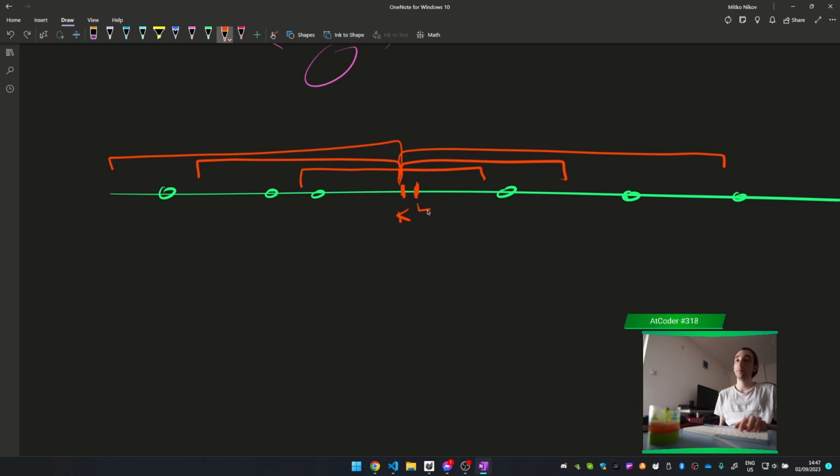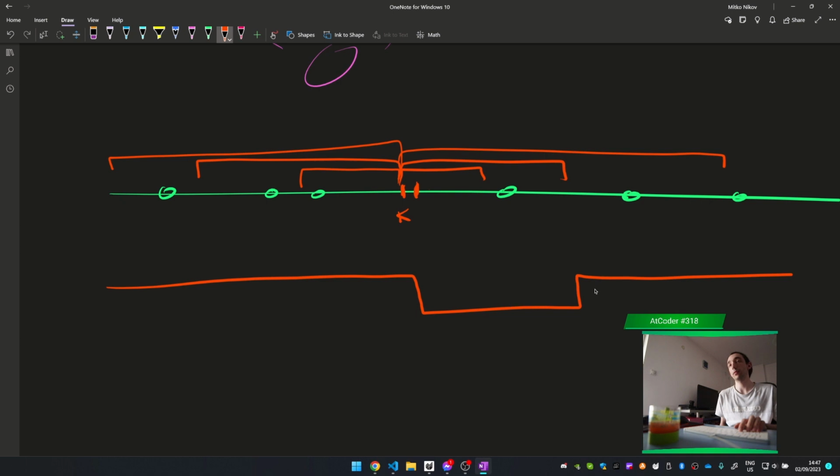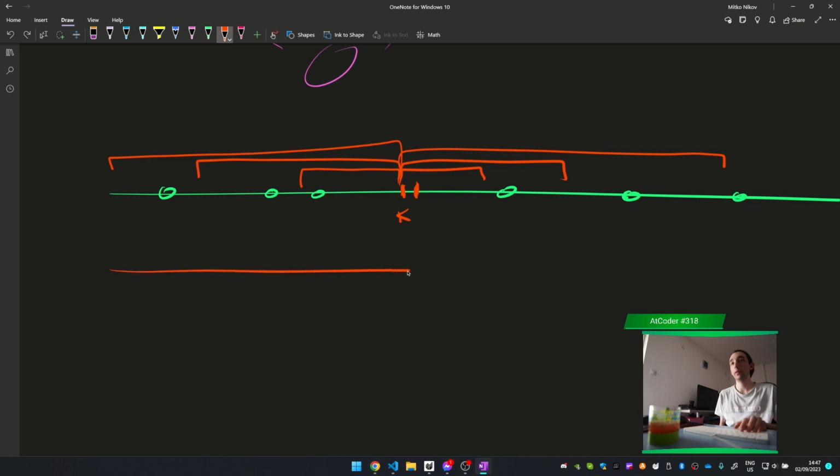Is there a monotonicity in this function? Not a monotonicity but some interval where this satisfies and then doesn't satisfy? So let's say our interval is from here to here, it only satisfies there and then it doesn't satisfy, that's it.